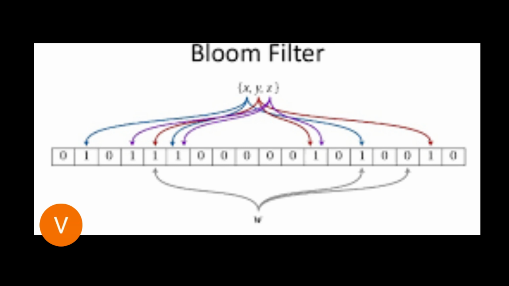Now, what we were doing earlier was storing this data in a hash table. So we were representing this data in the hash table, but now we have to represent this data in the Bloom filter. So how will we do this?